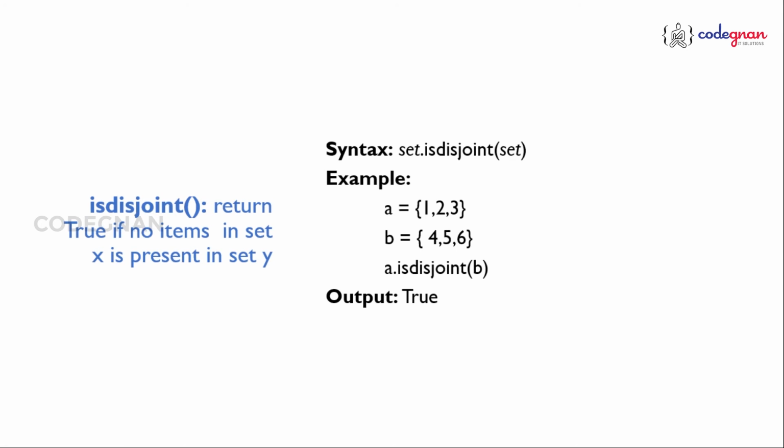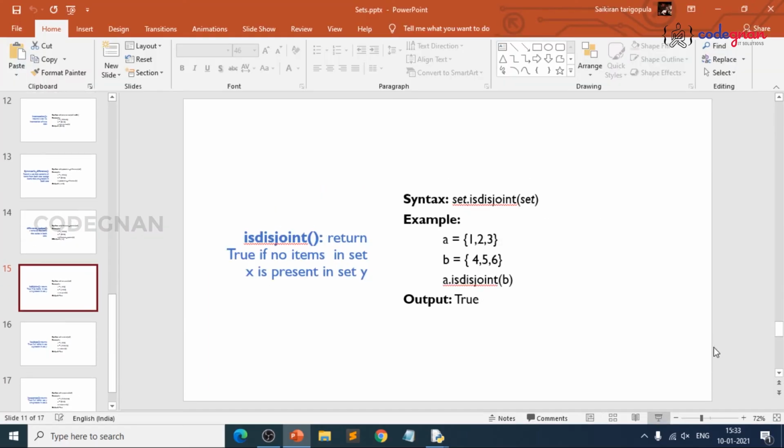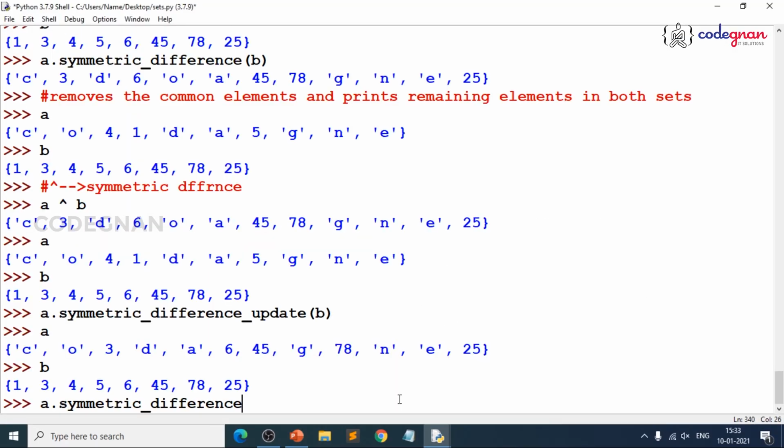When I go for isdisjoint, it will tell that it should not have common elements, that is it, because isdisjoint, issubset, issuperset will always provide you the result in Boolean, right. Let me prove it with an example.